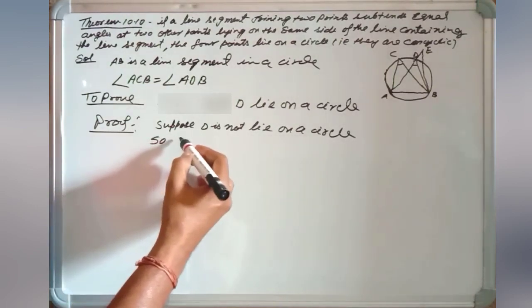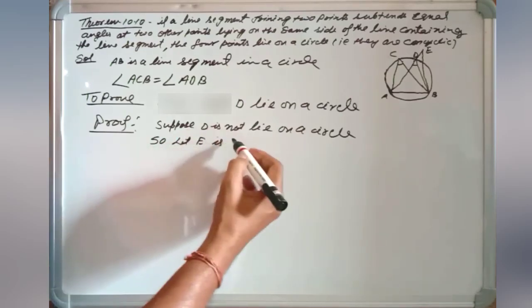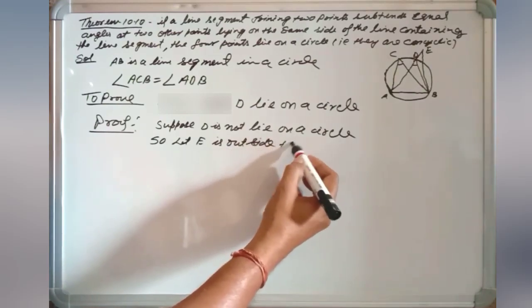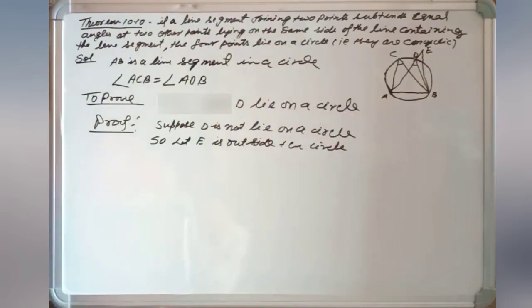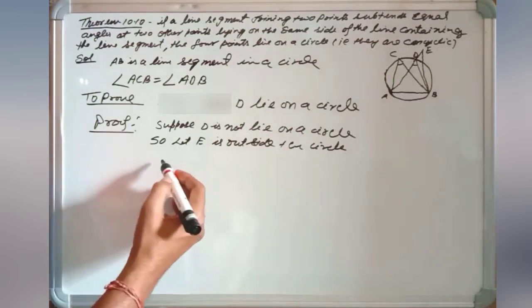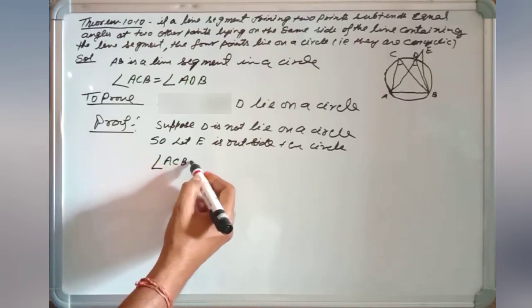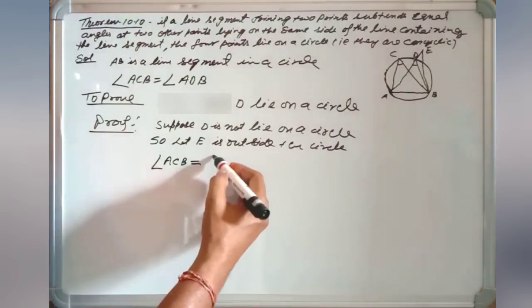So let E be outside the circle. So students, we know that the angles in the same segment are equal. So angle ACB equal to angle AEB.